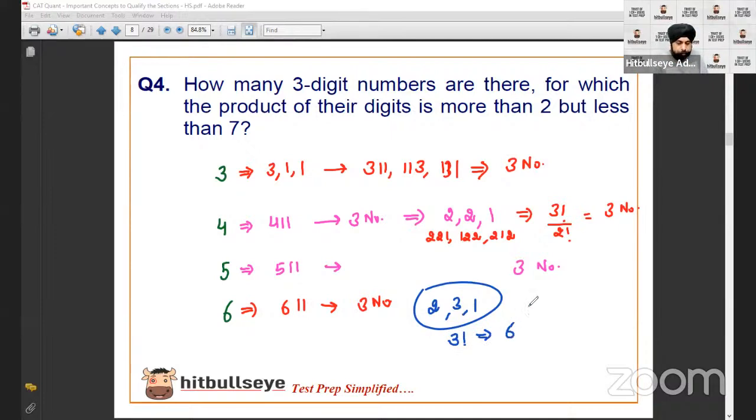Now, if you see carefully, the total number of numbers will become 3, 3, 3, 3, 6 and 3. That is, the total number of numbers that can be made will be equal to 24.